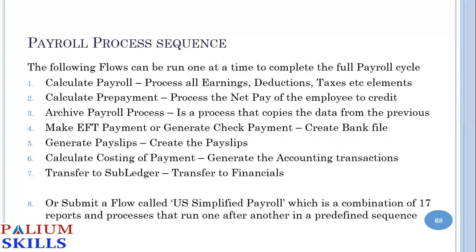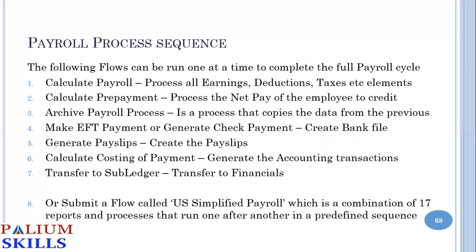So when you combine the processes into one flow, you can either have a particular combination of individual flows, or you can have multiple processes and reports combined into one flow.